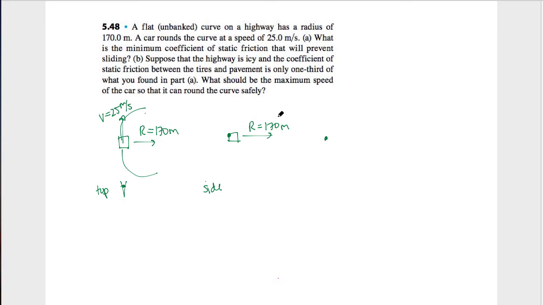If the center of the circle is to the right, the car has a force of friction toward the right, a force of gravity acting downward, and a normal force acting upward.